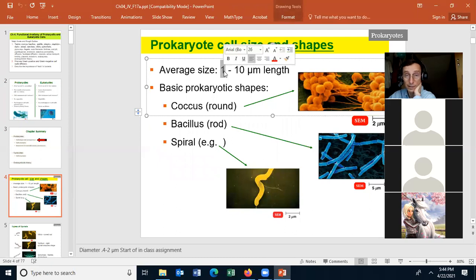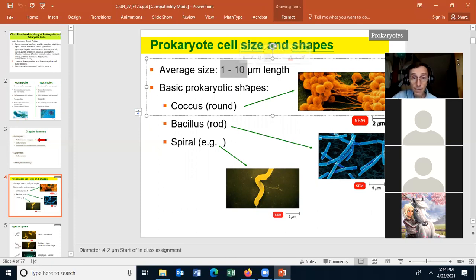I think the smallest prokaryotic cell is around 0.4 micrometers. And like I said, different people have different average sizes, so I'm not going to quiz you on the average size of a prokaryotic cell, but you should know that the average size is smaller than a eukaryotic cell.